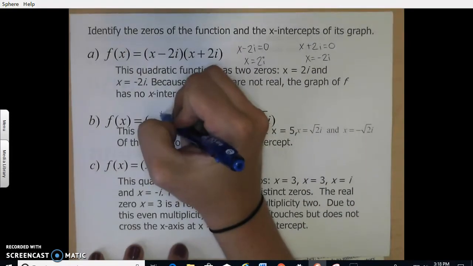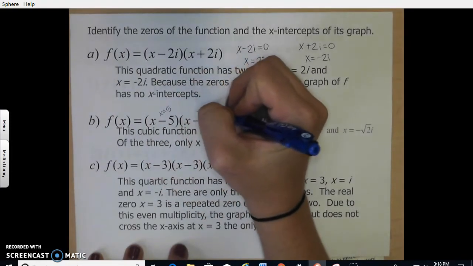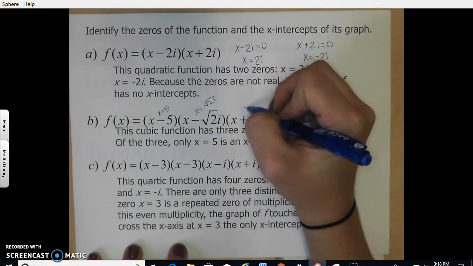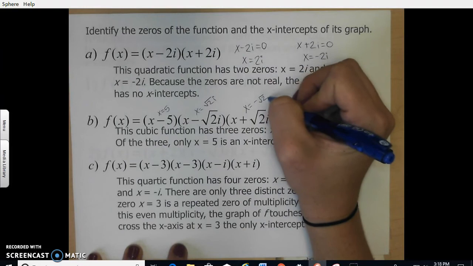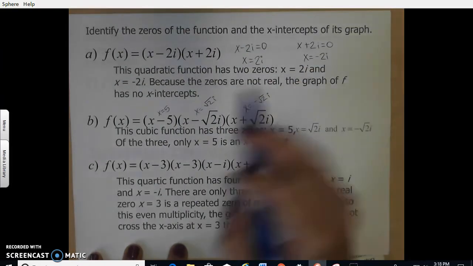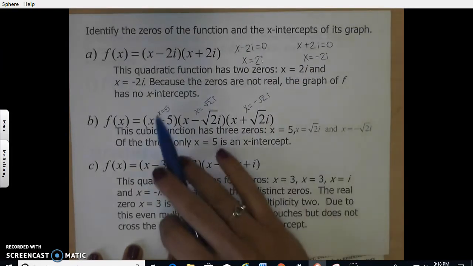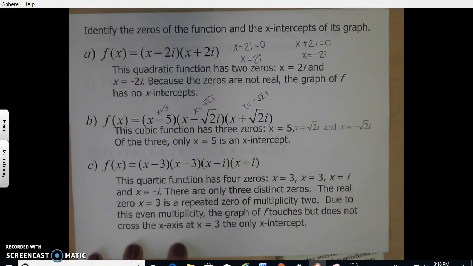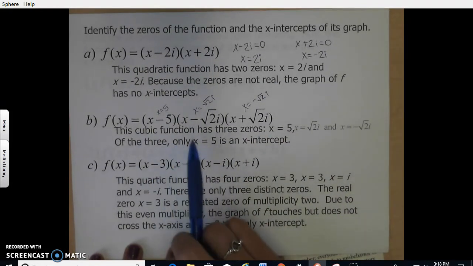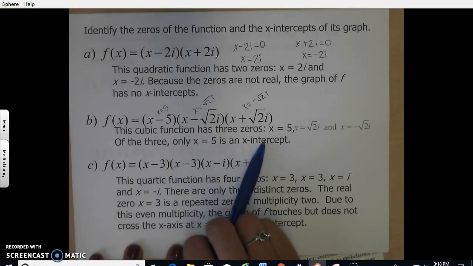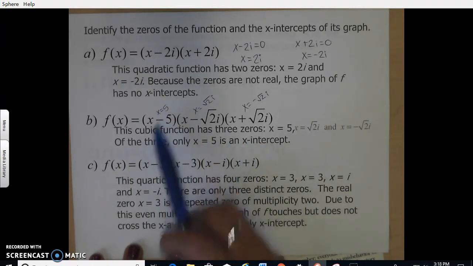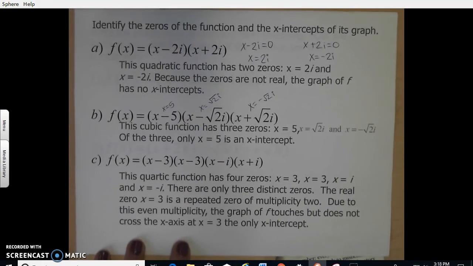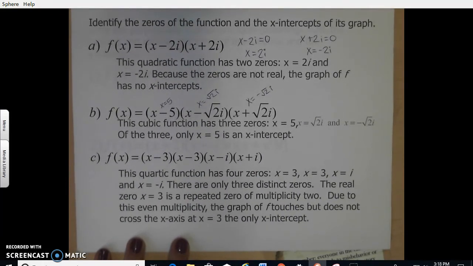Here we get x equals 5, x equals square root of 2i, x equals negative square root of 2i as our zeros. We have 3 zeros because it is a cubic function. Then only 5 is our x-intercept because 5 is our only real zero. So that's the only place we'll actually intercept the x-axis.